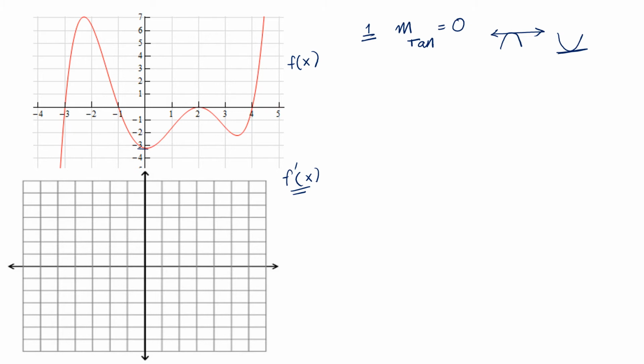So you can see that at this point you have the slope of the tangent line 0, and at this point you have the 0 slope of the tangent line, and similarly here the slope is 0. So you have 4 points which will be made on the x-intercept.